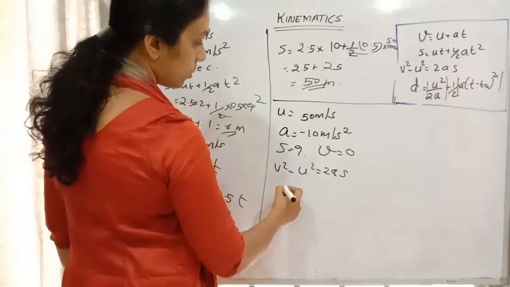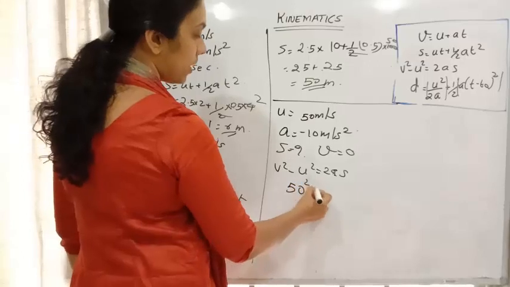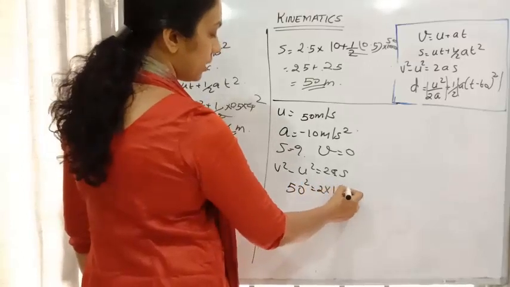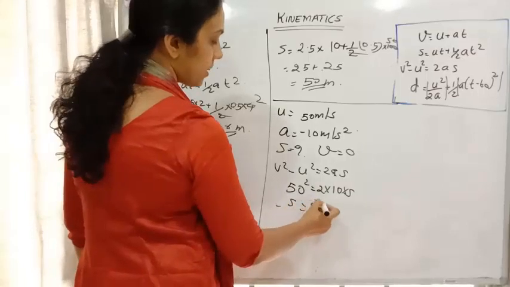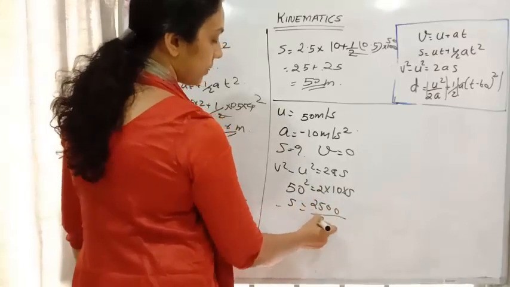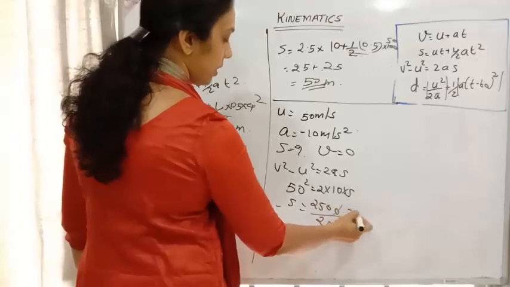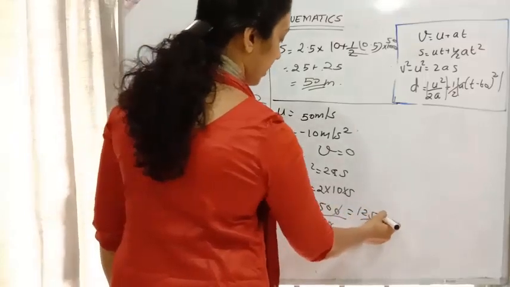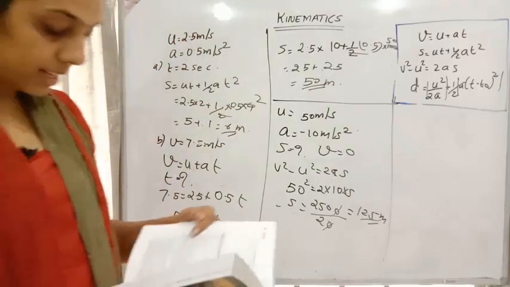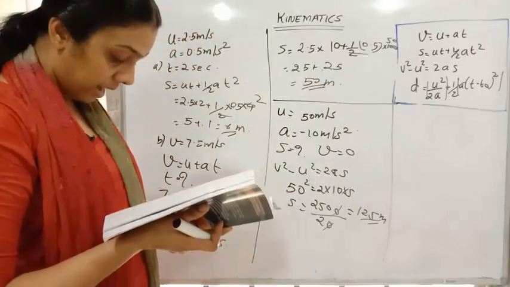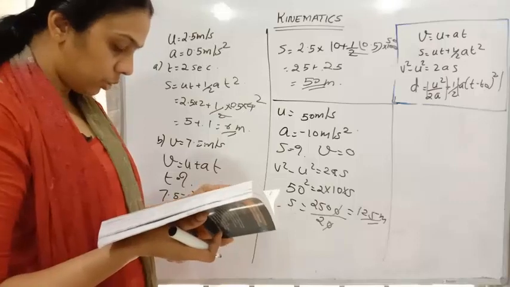Therefore, 50 square equals 2 into 10 into s. Therefore, s equals 2500 divided by 20, so 125 meter. Okay, so the distance traveled we will get as 125 meters.